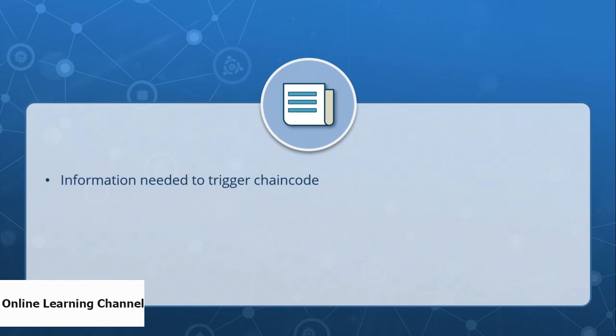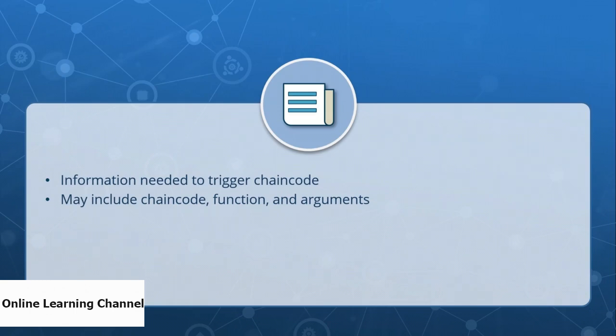So this proposal will include, for example, some kind of identifier for the chain code or smart contract to be executed, the specific function within that chain code, as well as the arguments needed for that function. Each of the endorsing peers will have a copy of the chain code, and they can use the information provided in the transaction proposal to execute the required function and thus invoke the transaction.